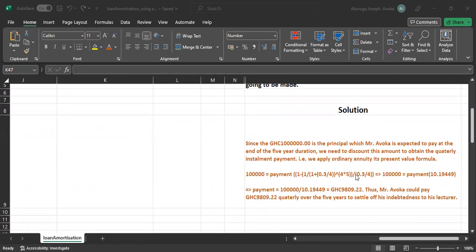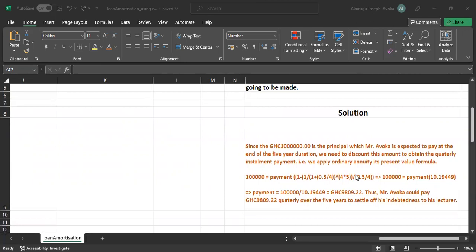Since payment is done at the end of each year and we are doing equal installments, it means we need an annuity, and of course it is the ordinary annuity since payment is done at the end of the year.